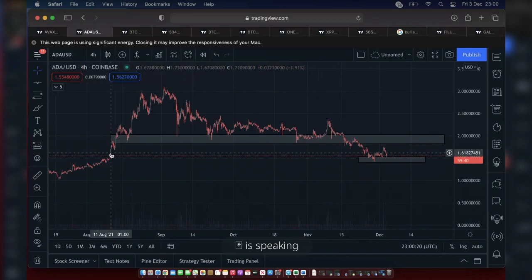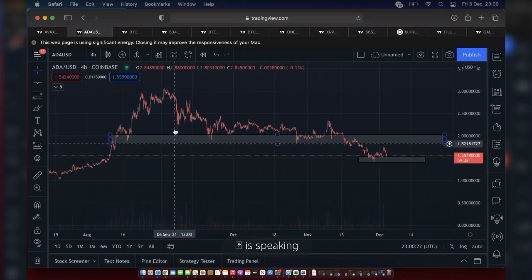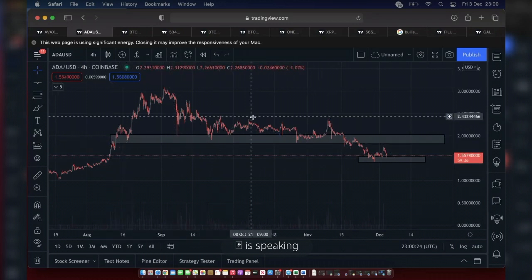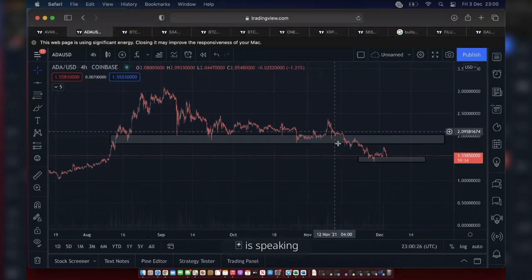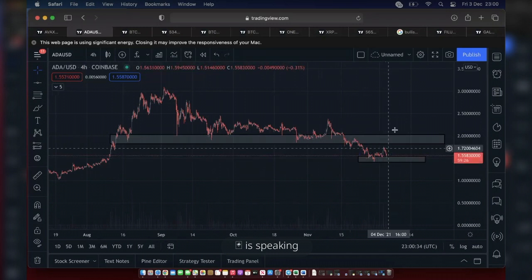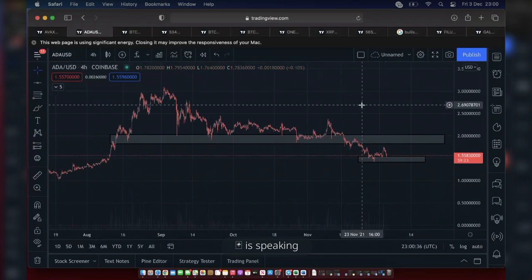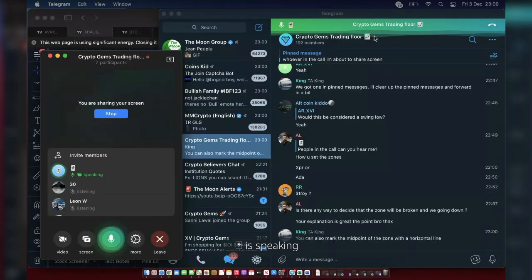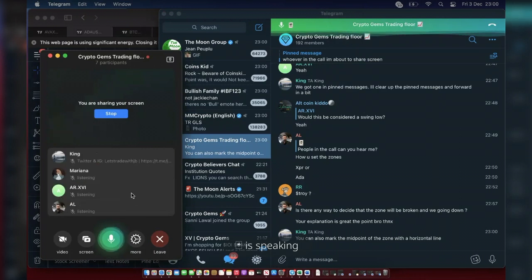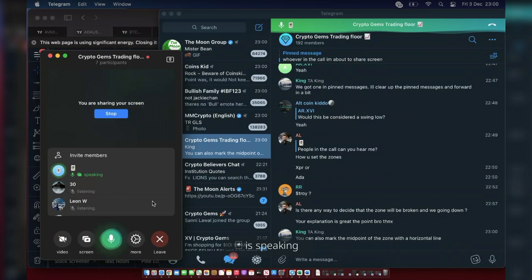So, okay, the way I see order blocks, sometimes I call them supply and demand zones. But the way I see them is they are the candle that makes the swing low in a sense.